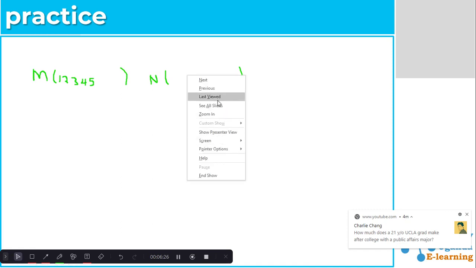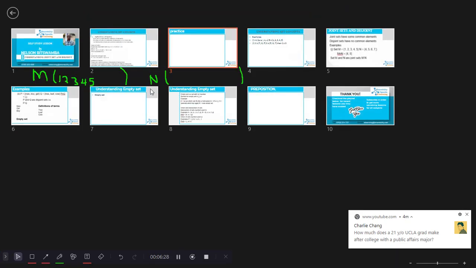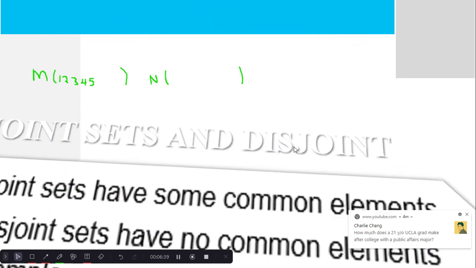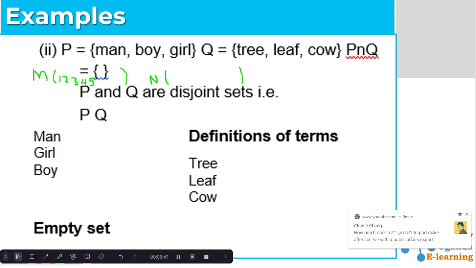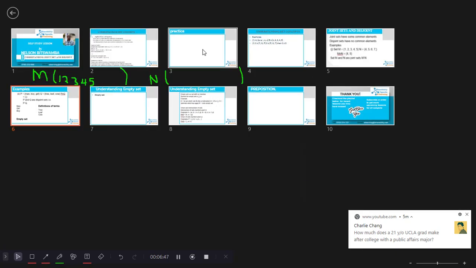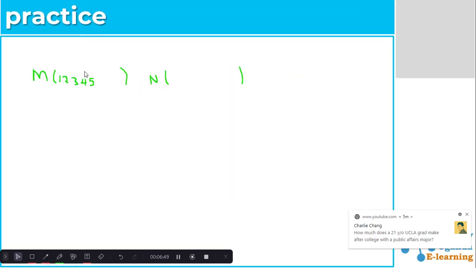Let's have a look at them. These are the members in our set N: 4, 5, 6 and 7. So let's go back to our practice slide. Set M has members 1, 2, 3, 4, 5.